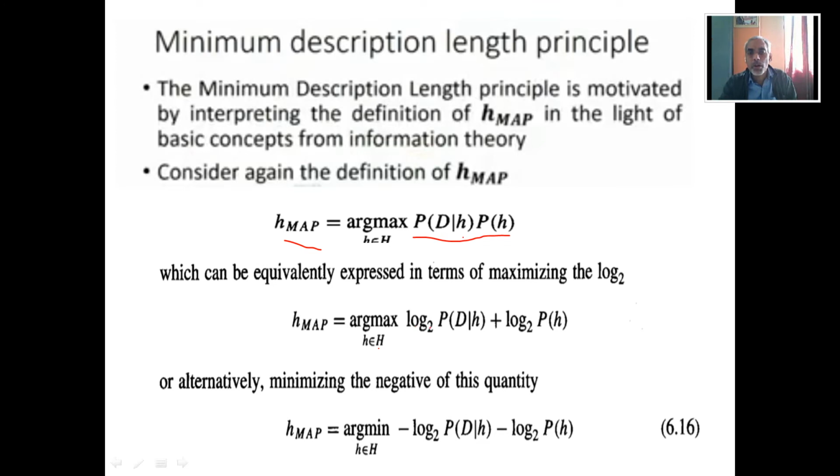We apply log of the first term, probability of D given H, plus log of probability of H. Now after applying log we have argmax, which means you are going to maximize. This is similar to minimizing the negative quantity, that means minimizing the negative quantity is nothing but maximizing the positive quantity.